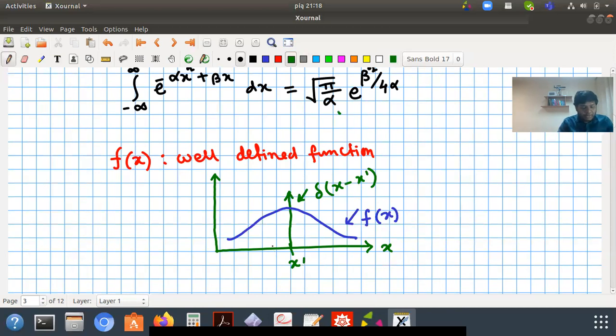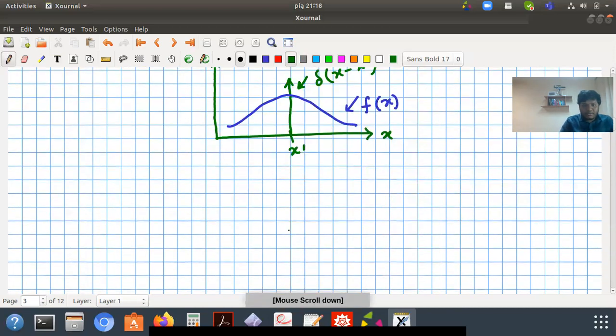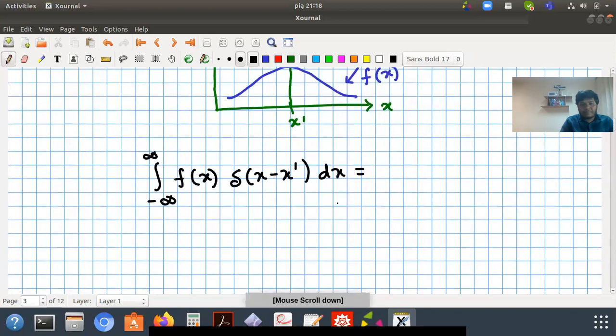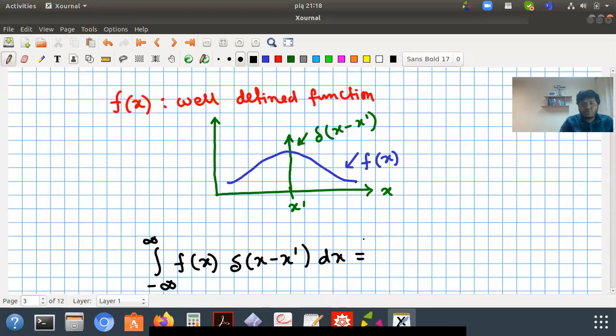Do you remember what this integral value is? The integral of f of x delta of x minus x prime dx should be f of x prime.